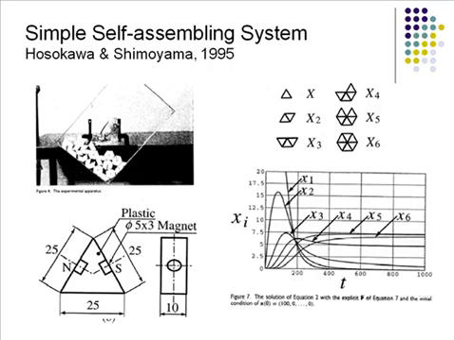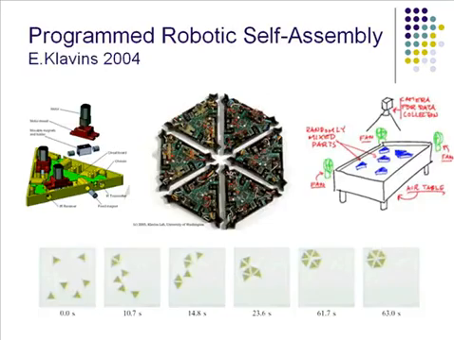Recently, Eric Klavins at the University of Washington, Seattle, renovated Hosokawa's model. He doesn't change the basic design, but he puts three motors which can enable or disable the magnets on the edges. It also has a microprocessor, and that microprocessor can communicate with the connected ones by an infrared optical device.